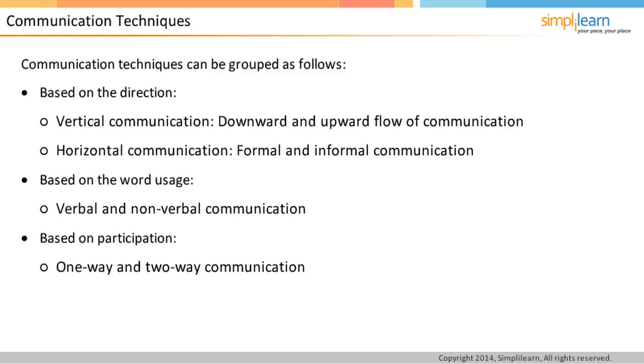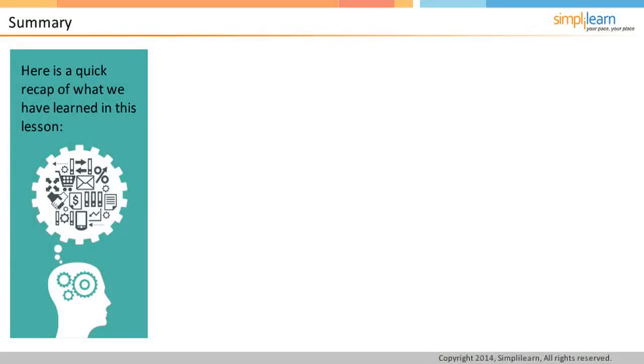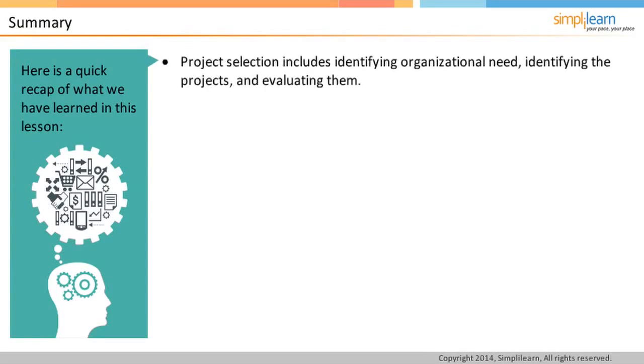Let us summarize what we have learned in this lesson. Project selection includes identifying organizational need, identifying the projects, and evaluating them. SIPOC is a macro-level map drawn in the define phase.